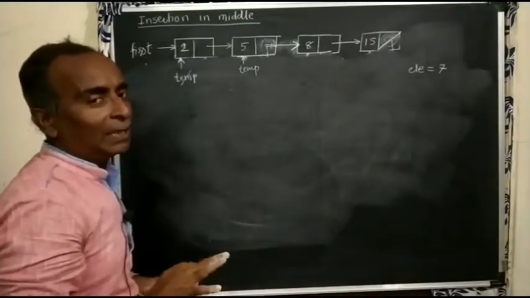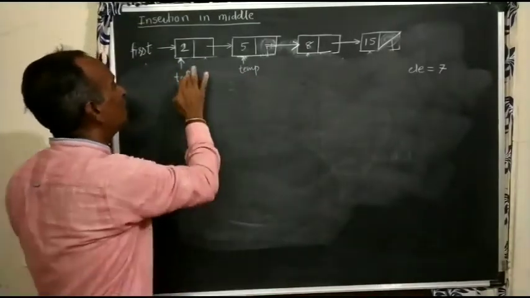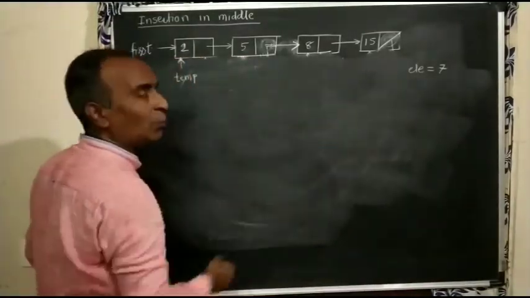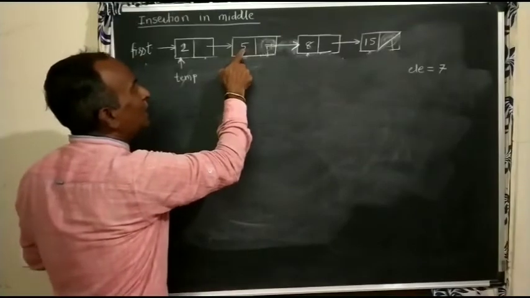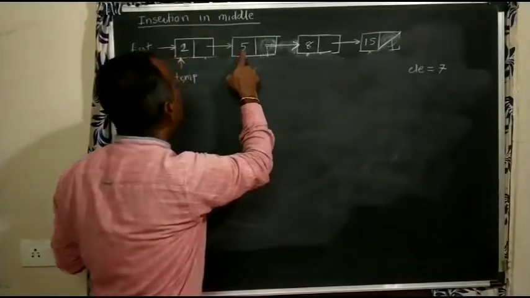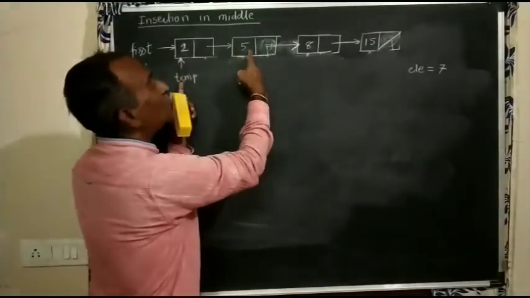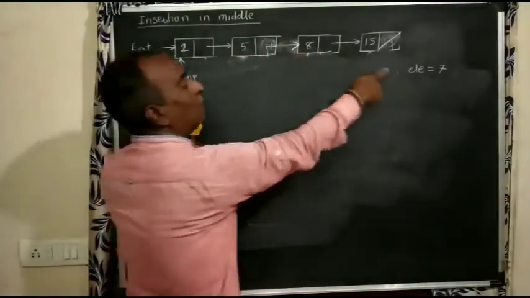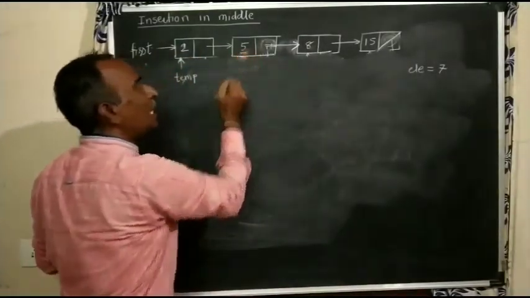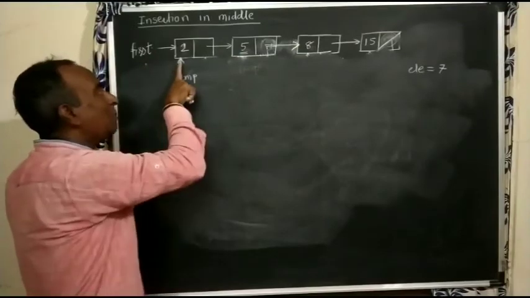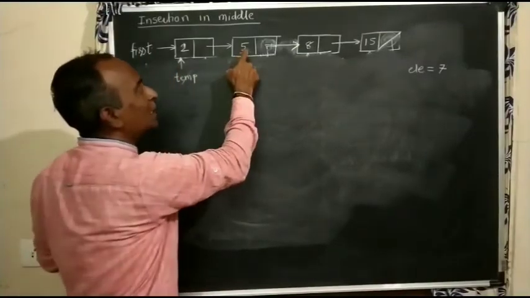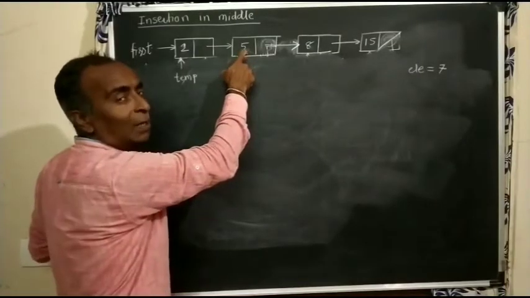Suppose initially this is the case for 7. When we are moving temp, I am checking this element, the info field of the next node, temp's next node's information field, with the element to be inserted. How to access this element? By keeping temp here itself. Now for accessing this information field, what should I know?